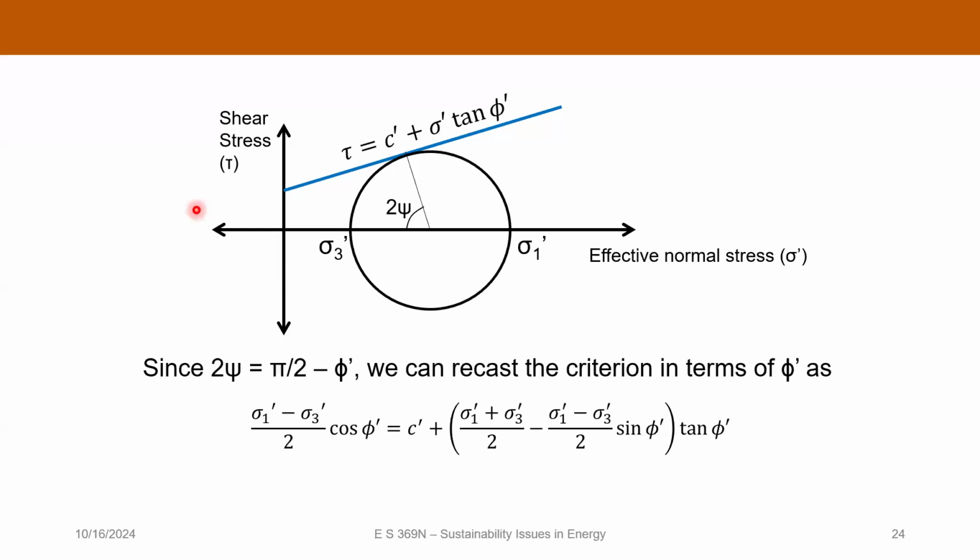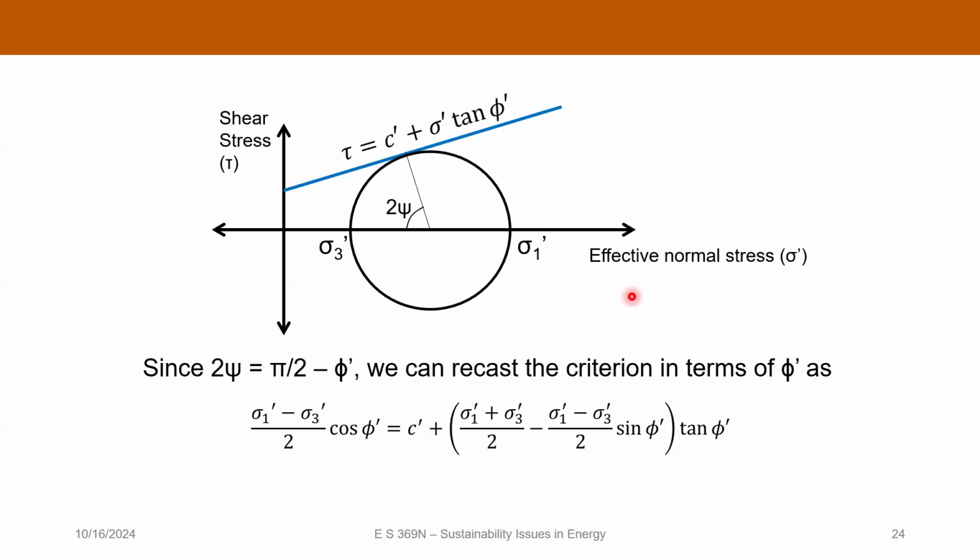But basically, we have to satisfy this equation here at failure. And so this is all in terms of the principal stresses and the angle of internal friction and the cohesion. And I've put primes on everything here to represent that we're considering the effective stresses and not the total stresses.